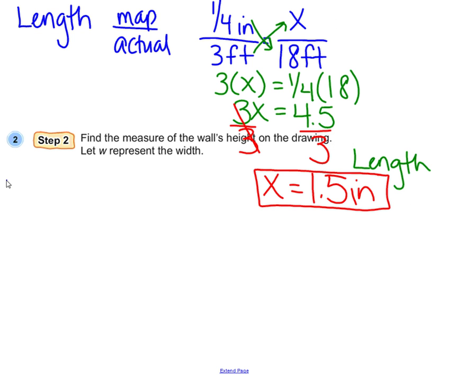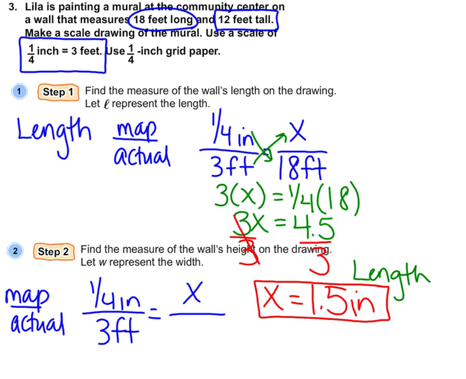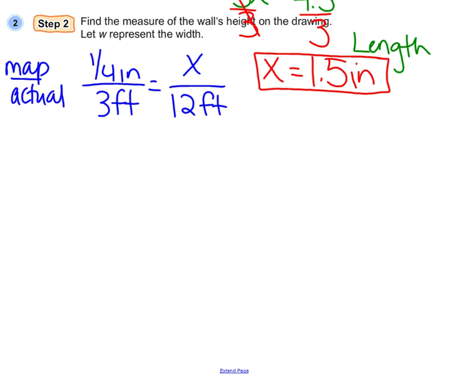So again, map over actual. It's 1/4 inch over 3 feet, equaling, we don't know yet, and again, we said that the width was 12. So we're going to put 12 feet here, and we're just going to set up our cross products and start solving.